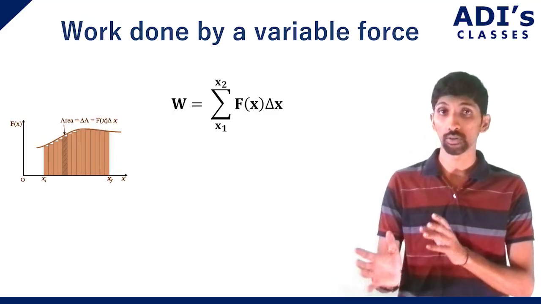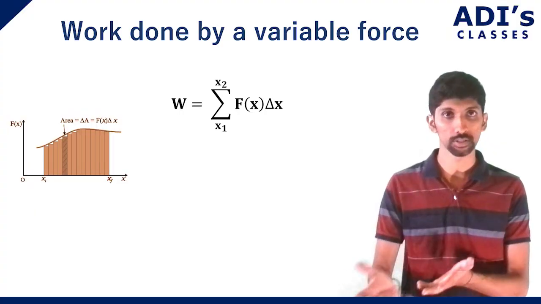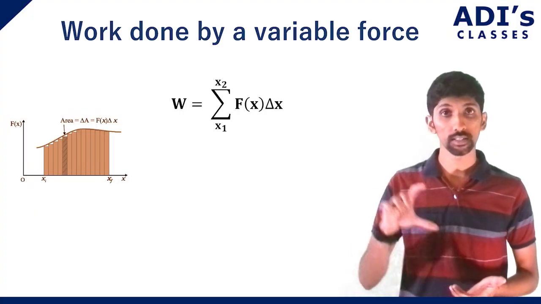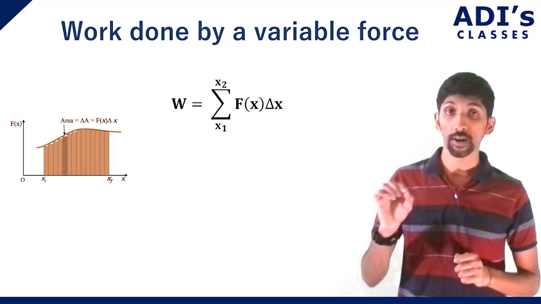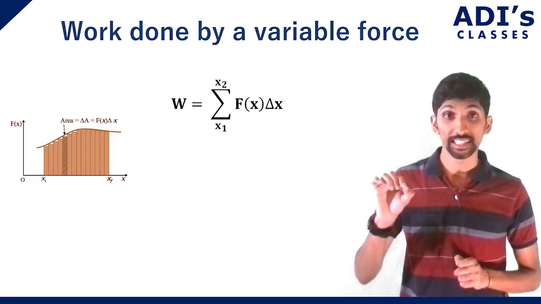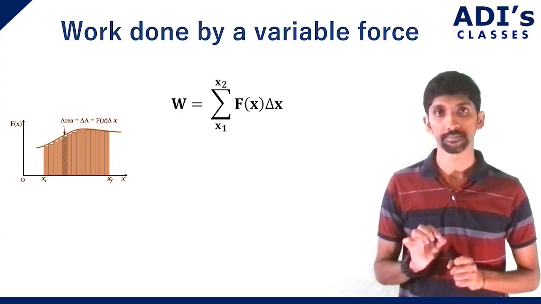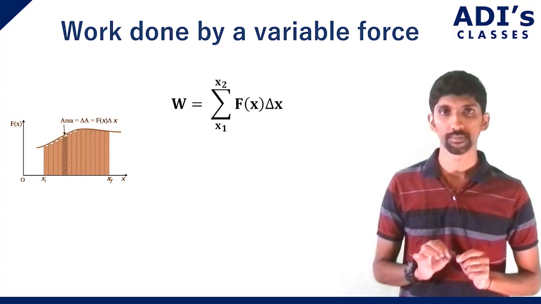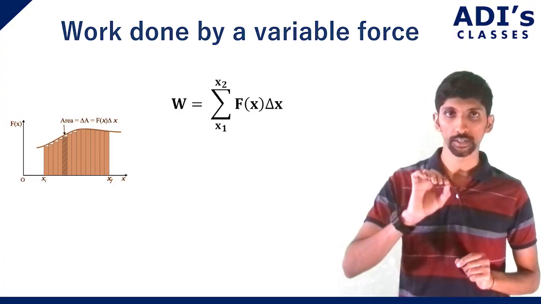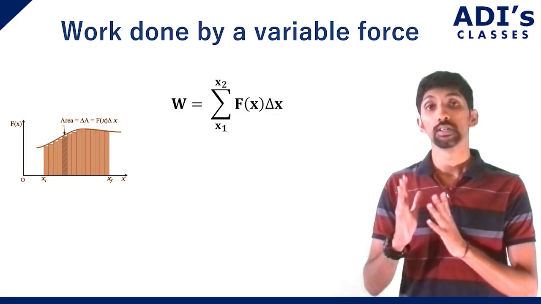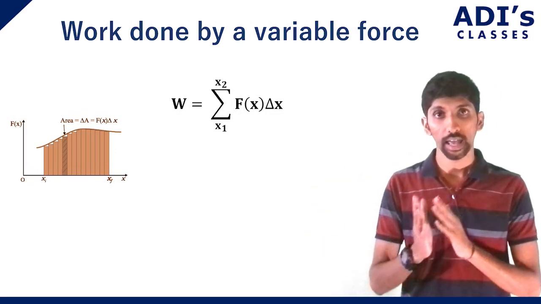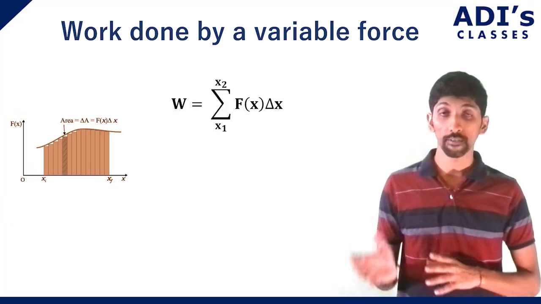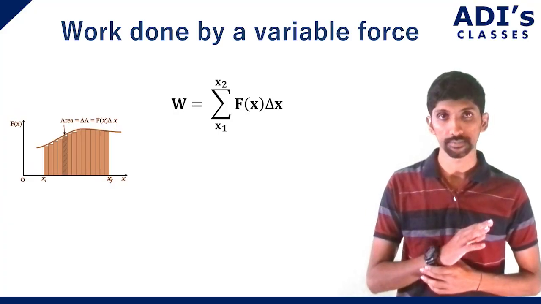I'm assuming you already know what f of x is because we just did it. f of x is nothing but the length of the rectangle, which in this case is the value of the force at that particular very small interval. So f of x into delta x. Now, since we have to add up everything, we have sigma from x1 to x2 of f of x into delta x.